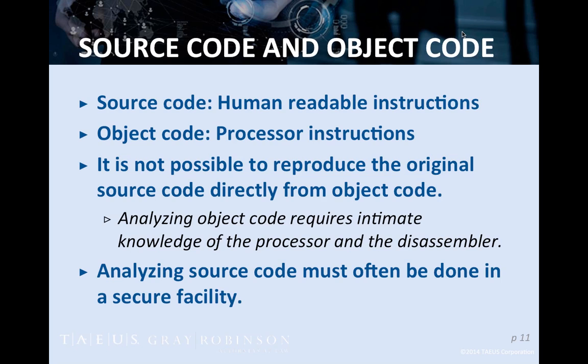Now I'd like to take just a minute to talk about the differences between source code and object code. Source code is human readable instructions such as Fortran, C, VHDL, Perl, and even assembler can be considered to be source code.